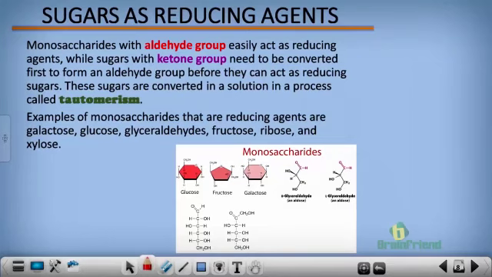But those with the ketone group need to first be converted to form an aldehyde group in solution before they can act as what? Reducing sugars. So, these sugars are converted in solution through a process called tautomerism.